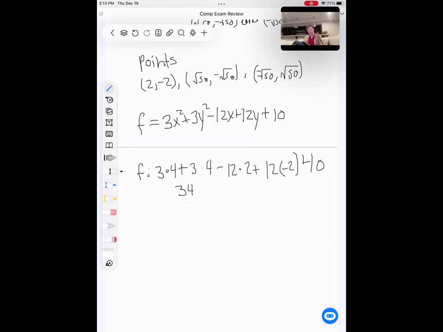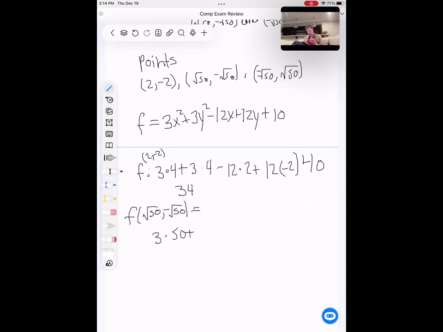Now, it's a little bit trickier with the square root of 50 and the negative square root of 50, right? But let's compute that anyways, because why not? AKA, we have to. Okay. So that's going to be 3 times, what is the root of 50 squared? That's obviously going to be just 50, right?